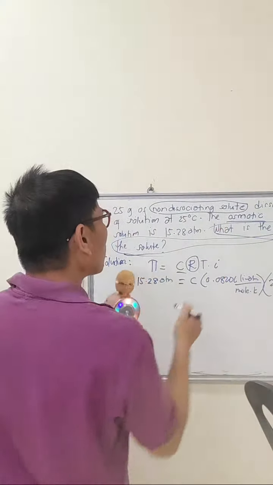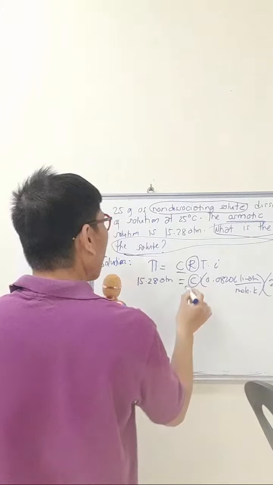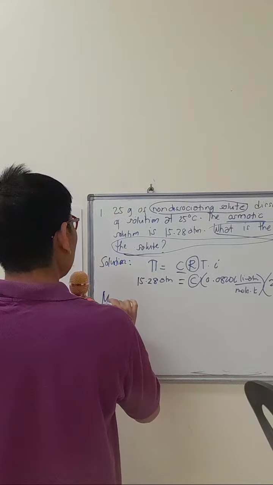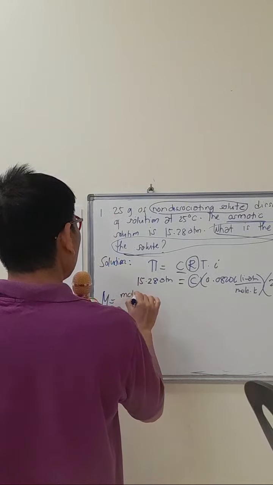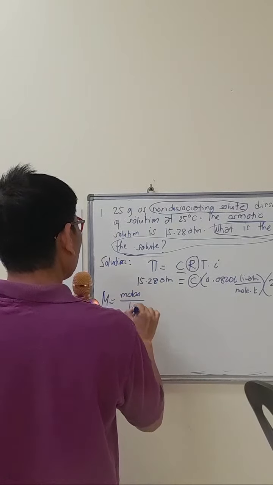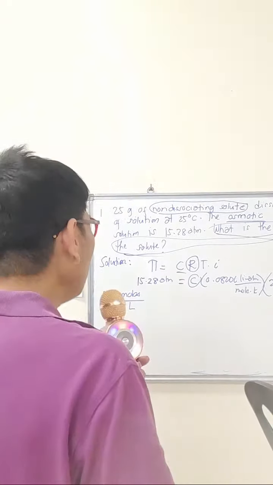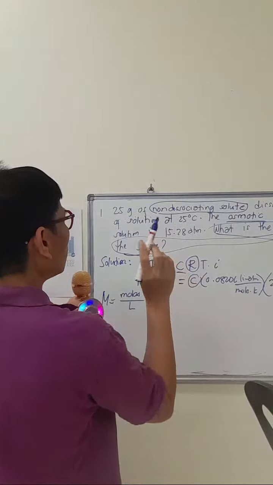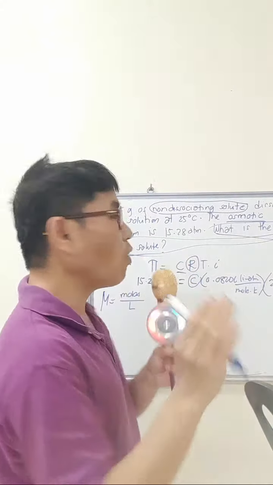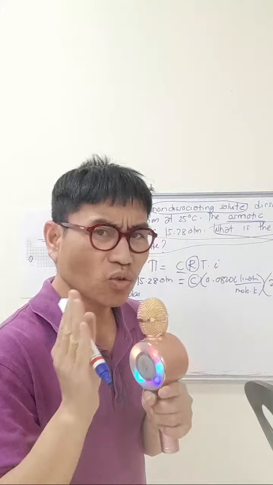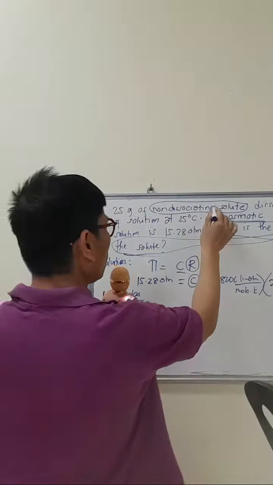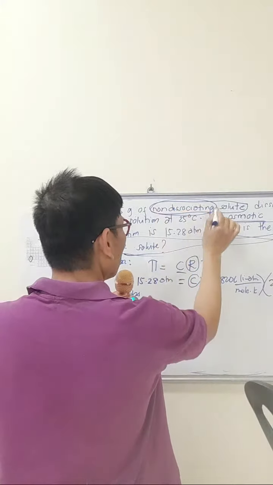Now you have the concentration. What's the formula of molarity? Molarity is equal to the moles of solute over the liters of solution. Moles of solute meaning moles of non-dissociating solute, because you describe the solute. It is an adjective.